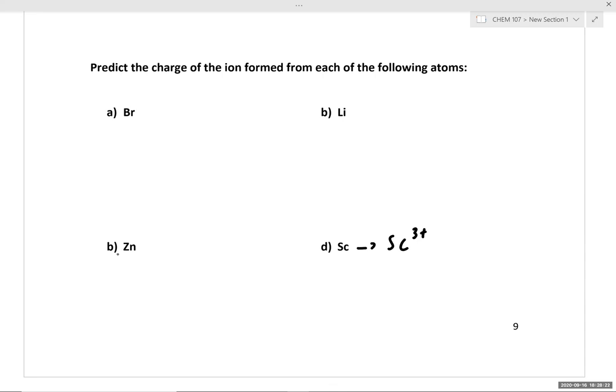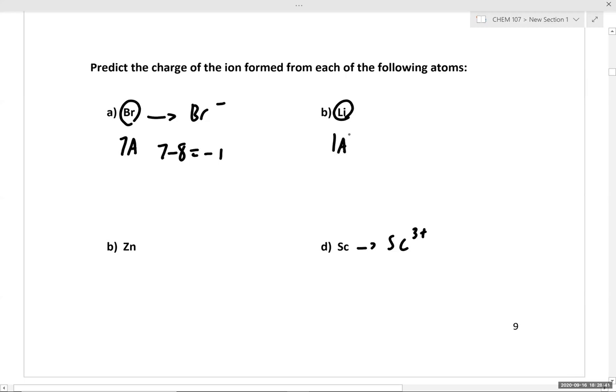Okay, so bromine is a 7A element. It's a non-metal, so 7 minus 8 gives us -1, and bromine prefers to adopt a -1 charge.